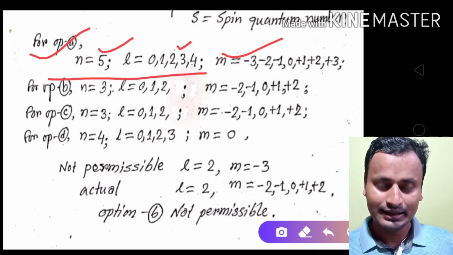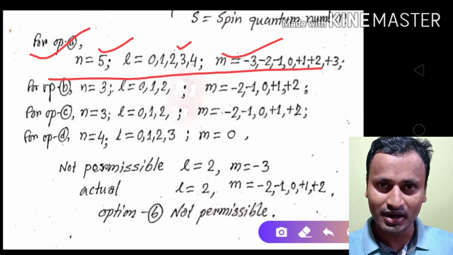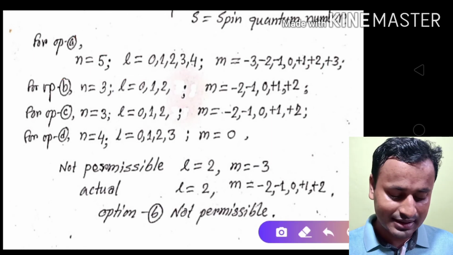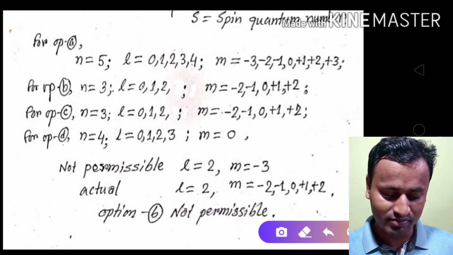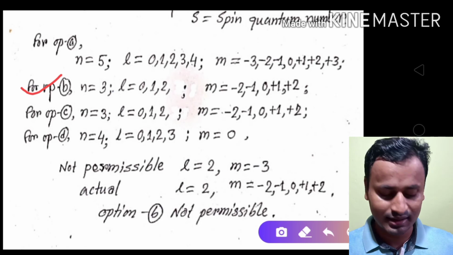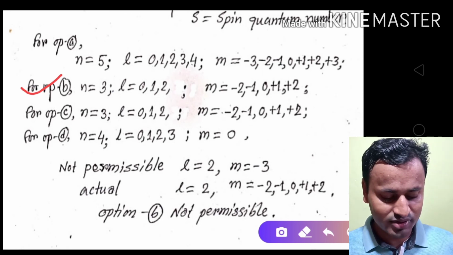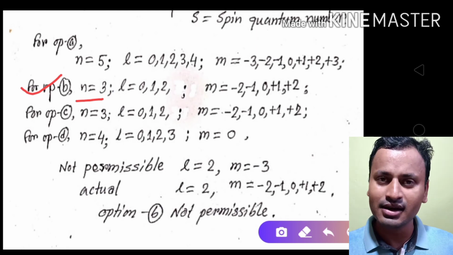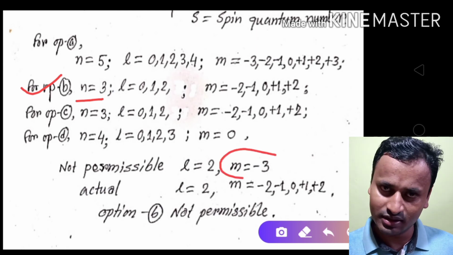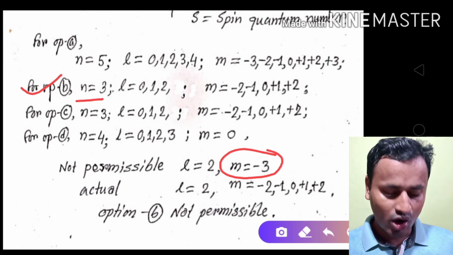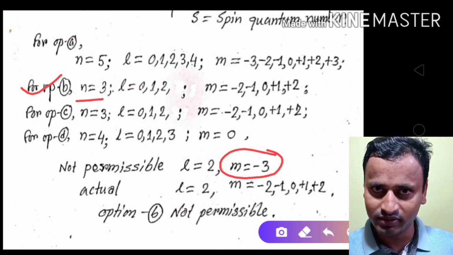But here given m equals minus 3, that is not permissible. So this option is not permissible. Okay, this is the answer. Other options C and D are permissible. Again, option B is not permissible.